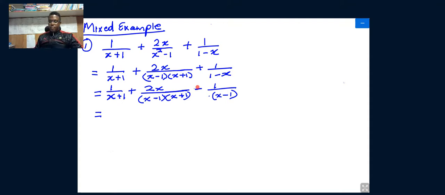There you go. The only thing that we need to do is to find the LCD. I'm looking at my denominators. I see two different things. The first is x minus 1. The second is x plus 1. I'm going to make these my LCD.